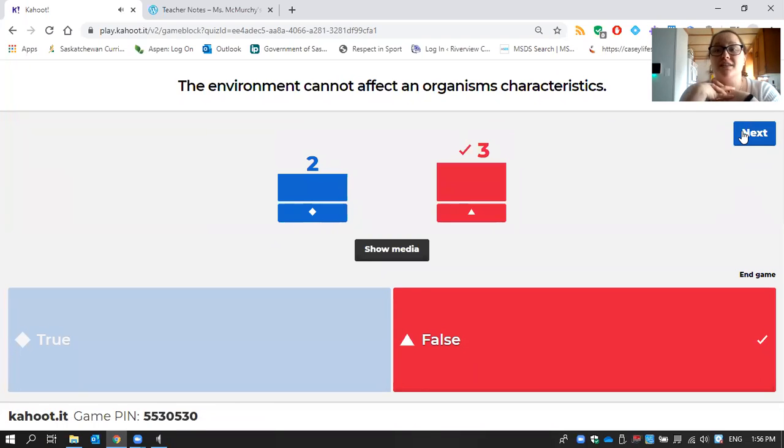Good, so that was false. The example that I gave you guys in your notes was about putting a plant in sunlight and putting one in the dark. One would obviously flourish more than the other. Another example is that you could temporarily change certain characteristics with food, diet, and water. Even your diet can affect how tall you grow, and if you're taking any types of hormones, you can stunt your growth, or you can grow bigger, all that kind of stuff.